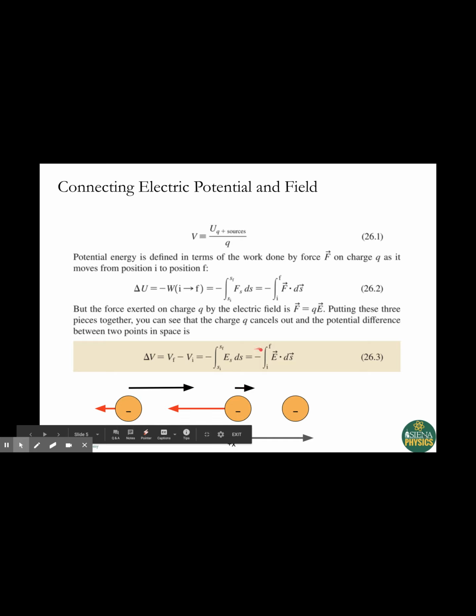That's where the negative comes in. The field that my charge feels is getting weaker, and it's also pointing to the left. So E dot ds is going to be negative. I have a negative times a negative, and I end up with a positive value for my delta V.